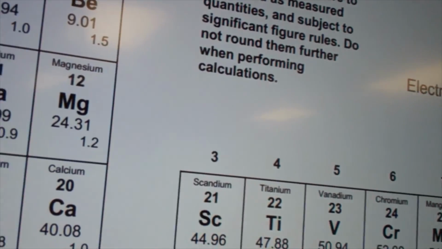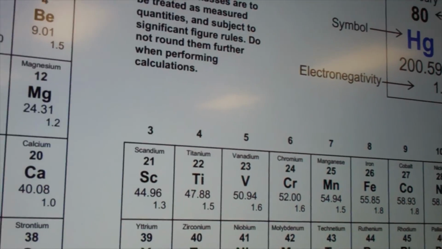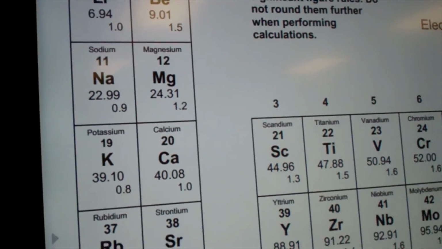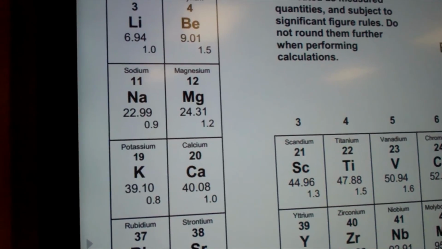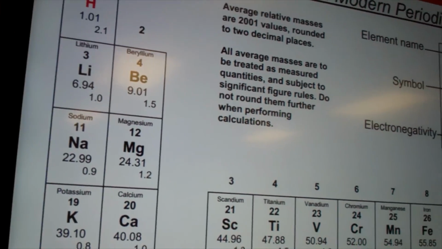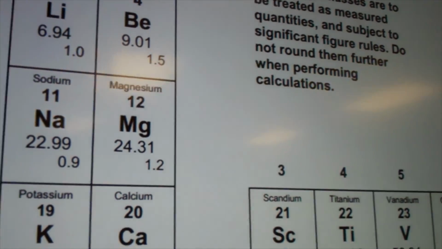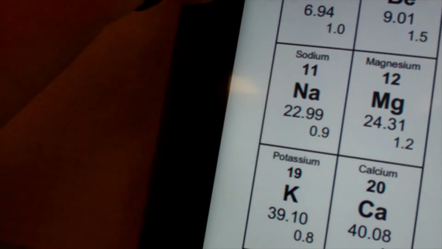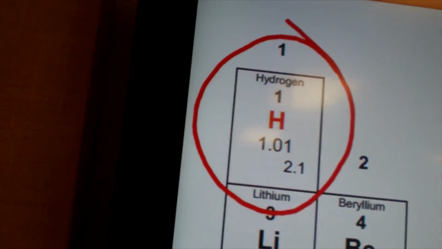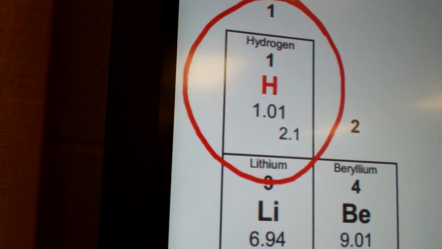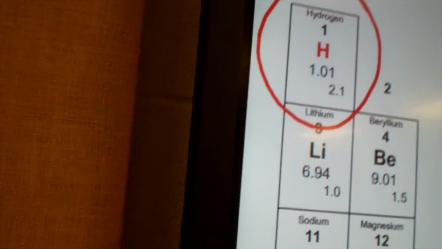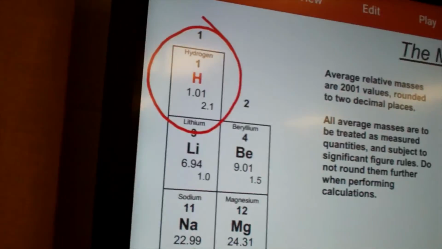So, the first one you're going to look at of the 7 diatomics sits by himself. He's lonely. He's Mr. Lonely. He is hydrogen. Hydrogen is the first of the 7 diatomics. Now, here's the trick. You're going to love this.